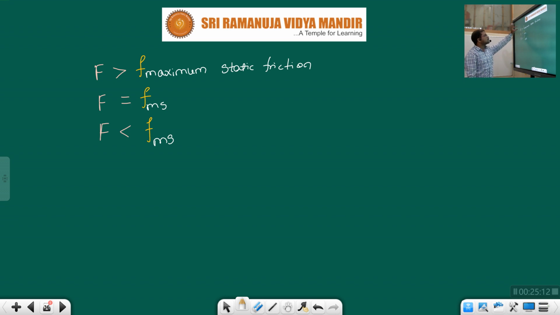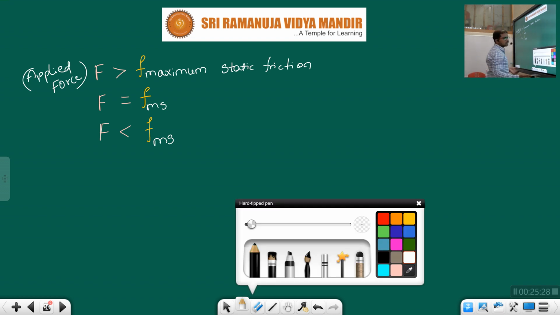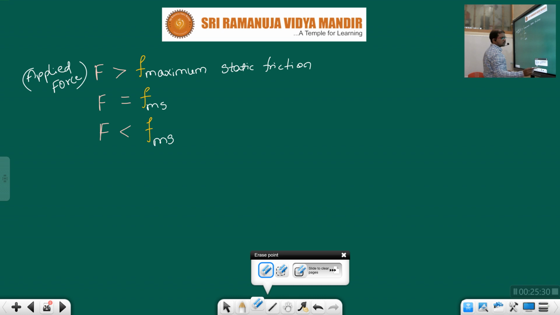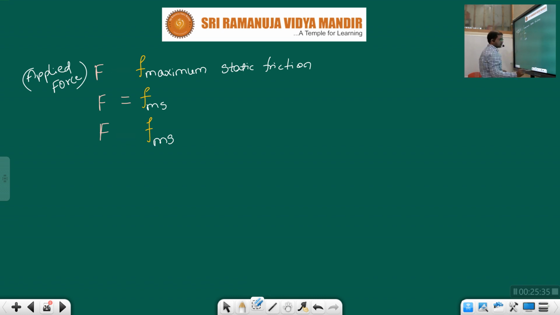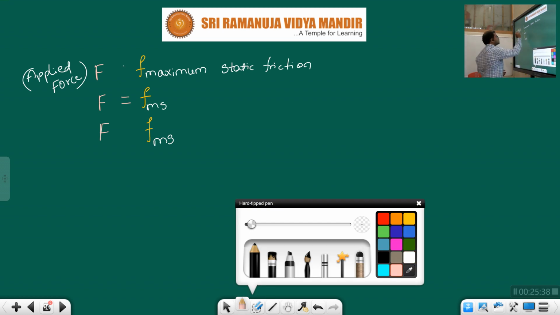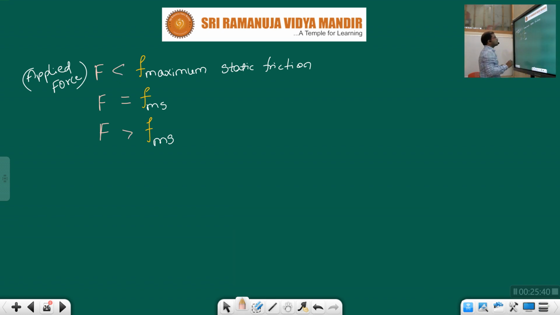So capital F is the applied force. Let us take the first condition: F less than FMS, the applied force is less than maximum static friction.